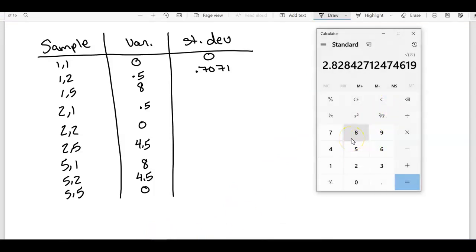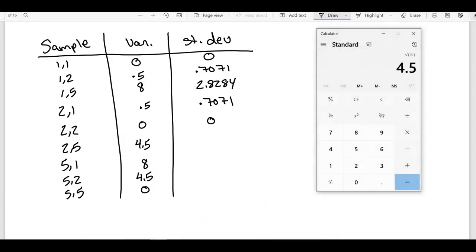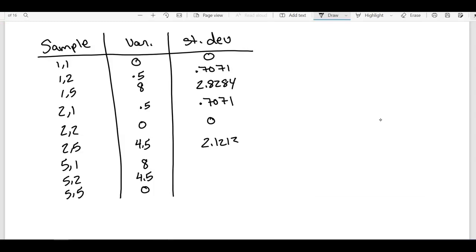I get 2.8284. Square root of 0.5 is 0.7071. Square root of 4.5 is 2.1213. 8 was 2.8284. 4.5 and then 0.